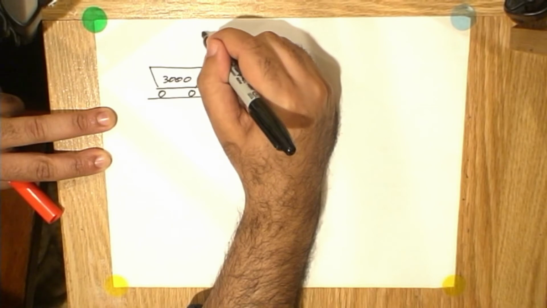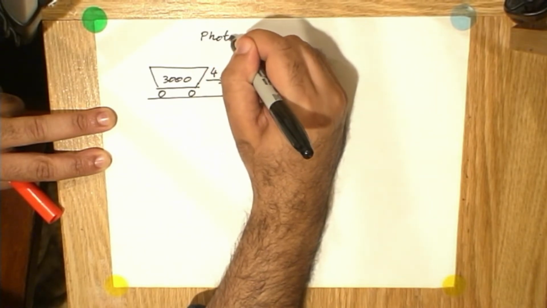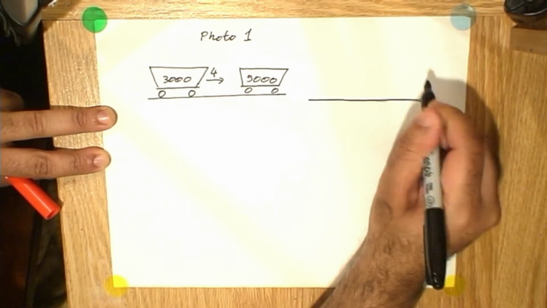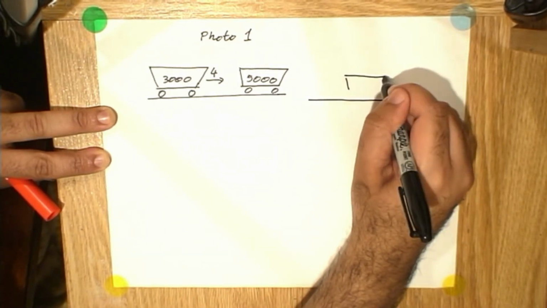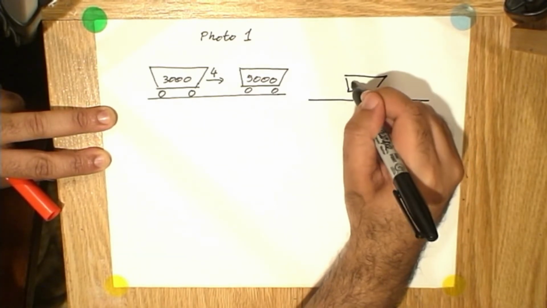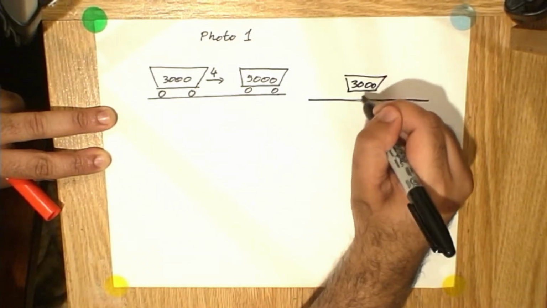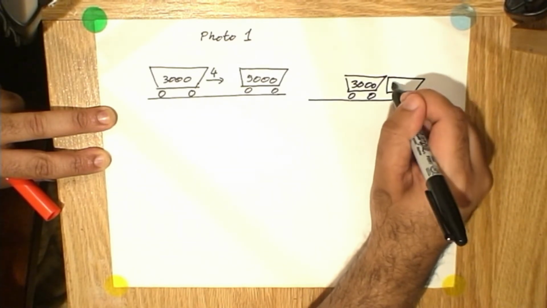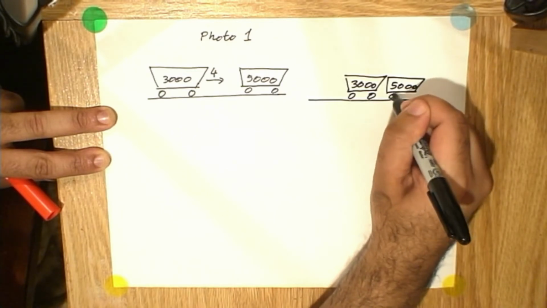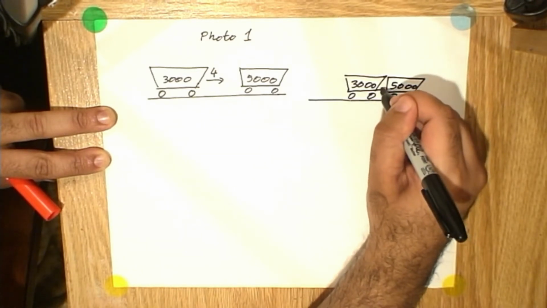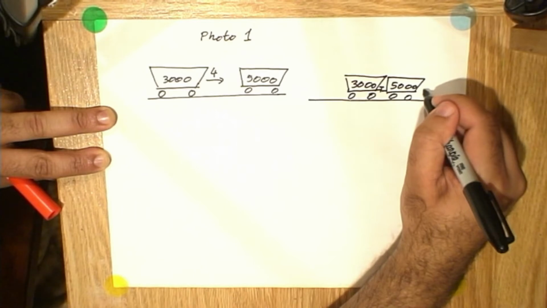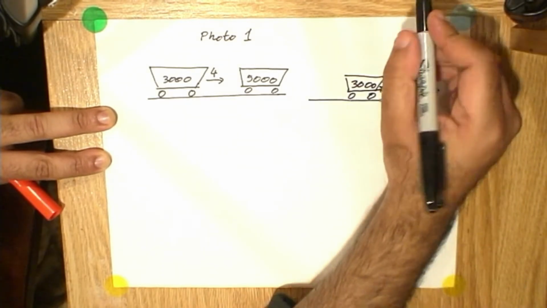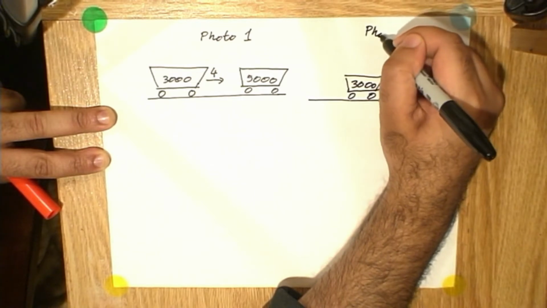Before the collision, let's say that we took our first photo. And after the collision, we shall take our second photo. So in this case, we have a 3,000 kilogram object and the 5,000 kilogram object, which have now been hooked together using the linchpin and which are now moving together to the right. This is going to be photo 2.